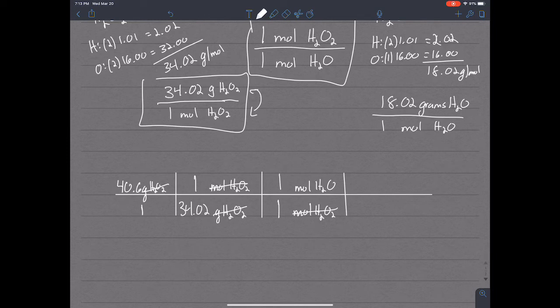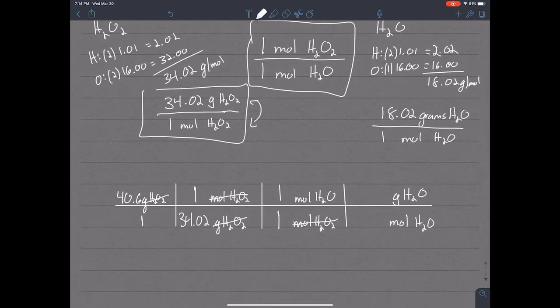Okay, and then our last conversion factor, we want to get rid of moles of water because we want to end up with grams of water. So drop it like it's hot. We take this conversion factor right here, 18.02 grams for every 1 mole. That's our last conversion factor. So this is going to allow us to cancel this.